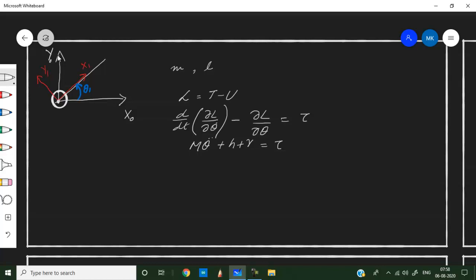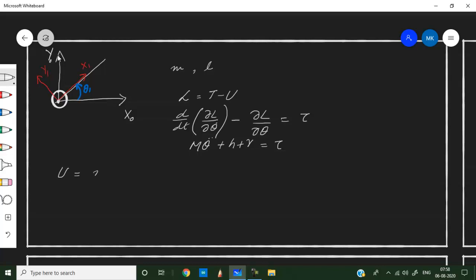All right, so in order to find L first, we need T and U. T is the kinetic energy and U is the potential energy of the system. Since this is a one link system, it is apparently very easy. Let's first find the potential energy, that is U. So U for this link is nothing but mgh.